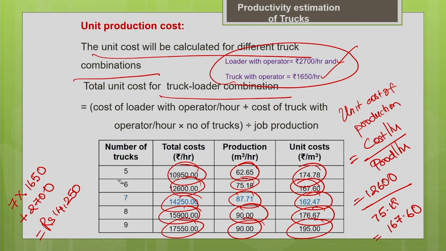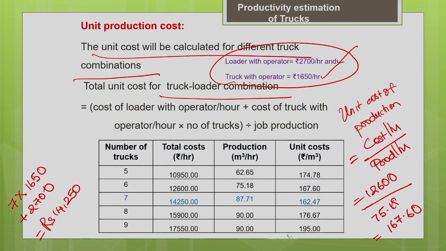One important thing you have to note here is, when the number of trucks is 5, though the total cost is less, the productivity is also less. That is why you can see that the unit cost is high. But as your number of trucks increases, the productivity increases significantly. That is why your unit cost of production reduces.